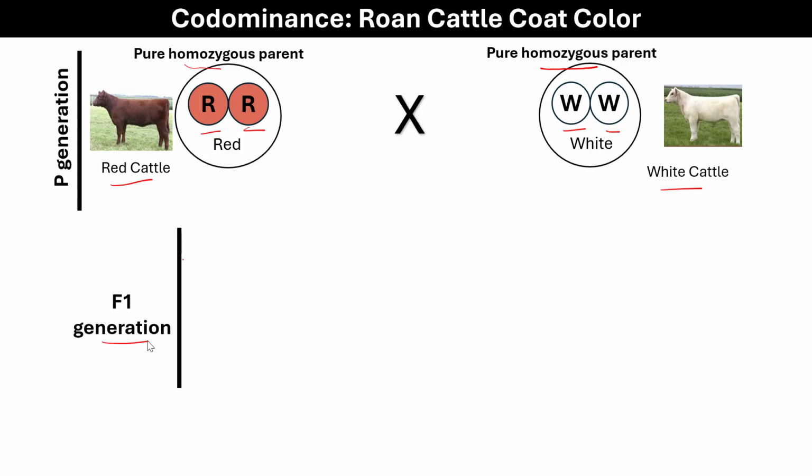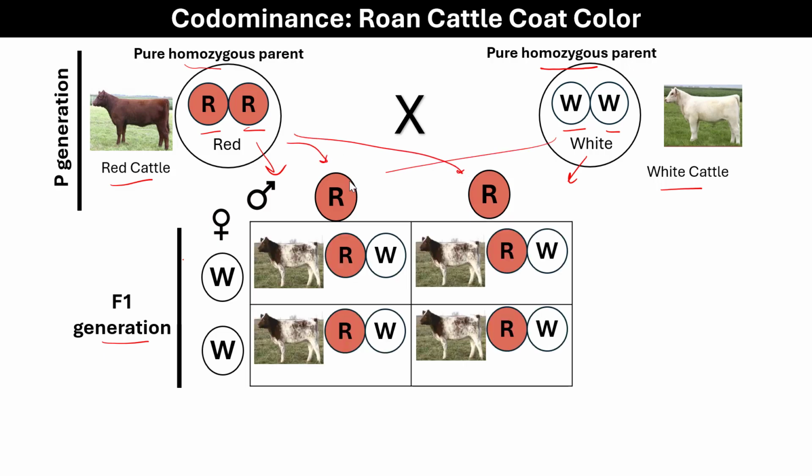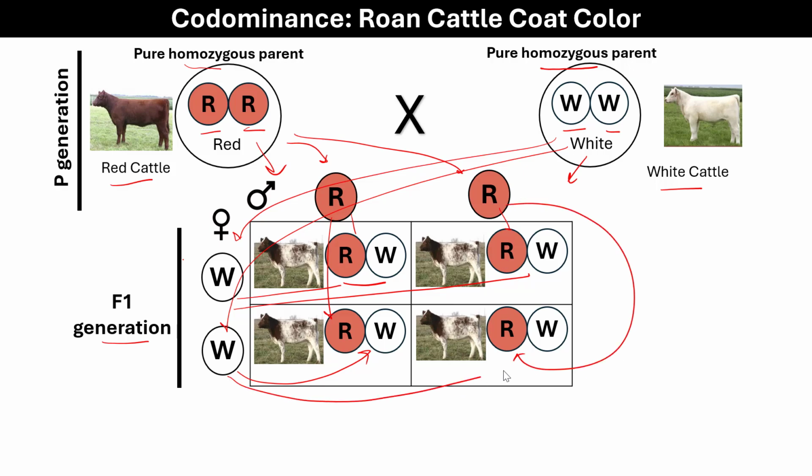In F1 generation, you will first get the gametes from both these parents, and then those gametes will fuse with each other. They will come together, and then we will decide the genotypic and phenotypic ratios. So first you have gametes from this parent, and then you have gametes from this parent, and when they are crossed, you get this and this, this and this, this and this and this and this.